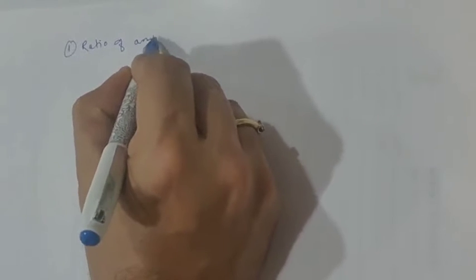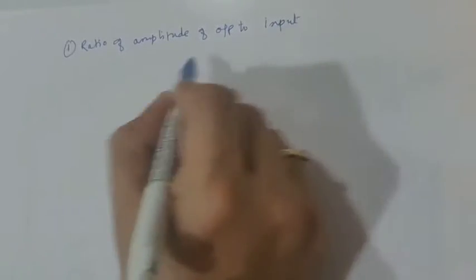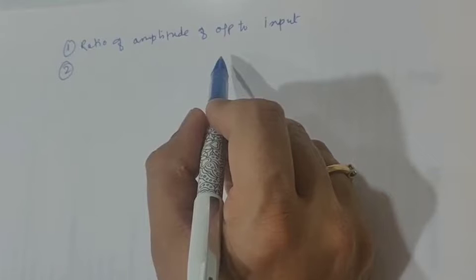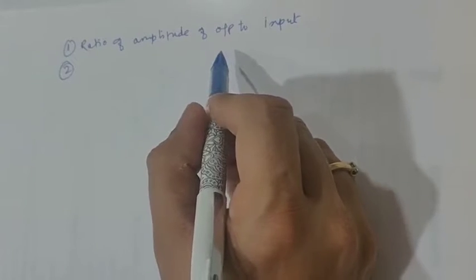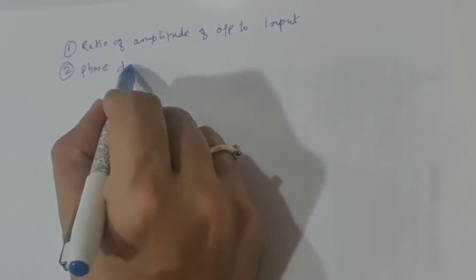The first parameter is the ratio of amplitude of output to input. This is one measure by which we can find the difference between the input and the output waveforms, and the second one is the phase difference between these two.